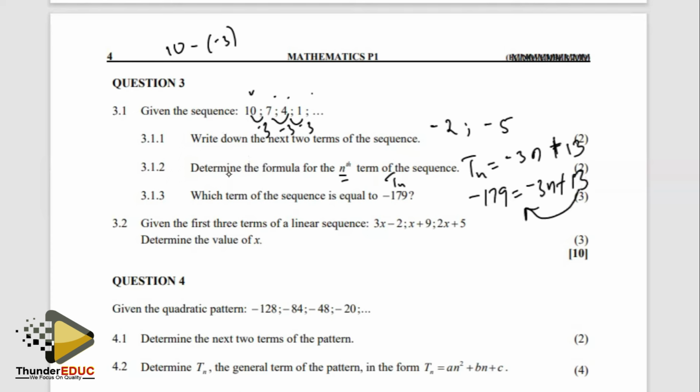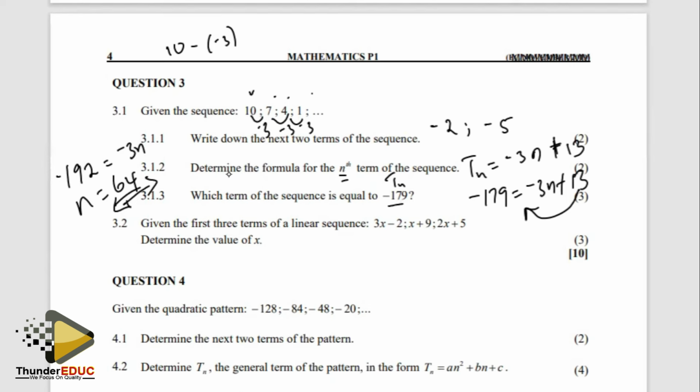Let's move the 13 that side: negative 179 minus 13 gives us negative 192, which is equal to negative 3n. If we divide by negative 3, our n is just 64. So the 64th term is the one equal to negative 179.